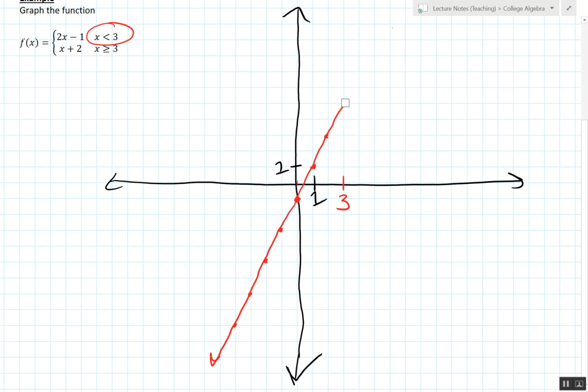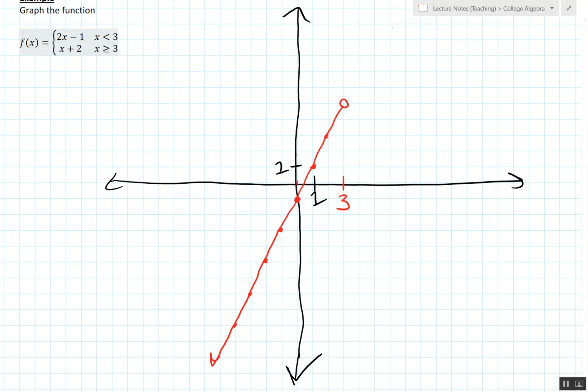And notice that since we don't have an equality, we're going to put an open circle right here. That's going to represent the fact that the function is not defined on this line at x equals 3. It may be defined in other pieces, but not on this piece.